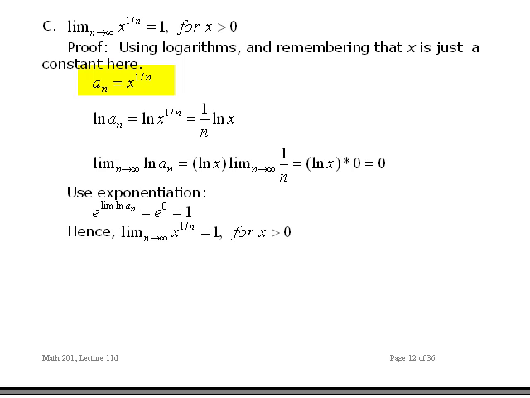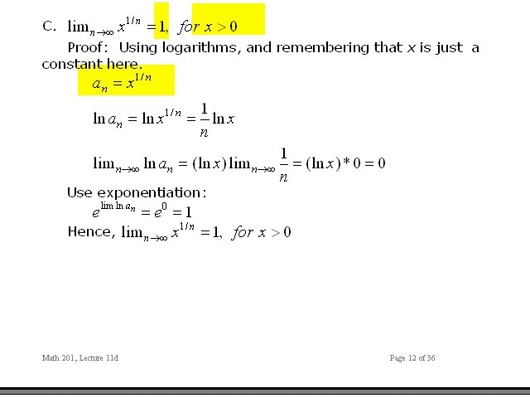Now let's look at the sequence x raised to the 1 over n, and we want to find the limit. I'm saying here that that limit is 1 as long as x is greater than 0. So again, we're going to use logarithms, remembering that x is a constant. The natural log of a sub n equals the natural log of x raised to the 1 over n. The 1 over n comes out, and we have natural log of x, which is a constant.